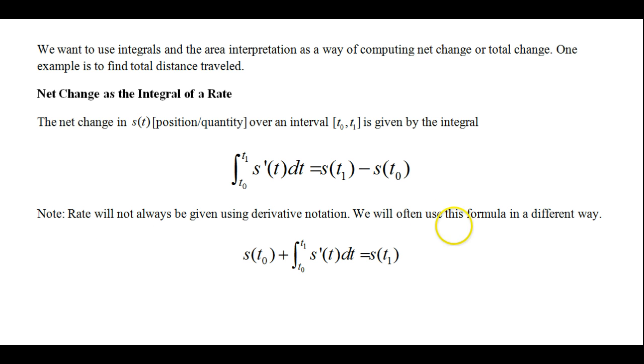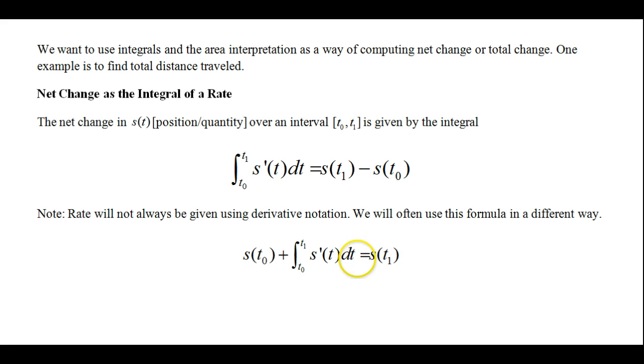And then we will often use the formula given above in a different way. So this formula right here is a rearrangement of this one up here. What I've done here is add the s of t0 to the other side. That's the only rearrangement. So s of t0, the initial starting point, plus the net change is going to get us to the final point.